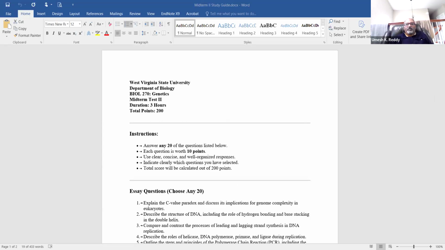DNA is double helical and resembles a twisted ladder, and the sides of the ladder are composed of alternating sugar, deoxyribose, and phosphate groups.